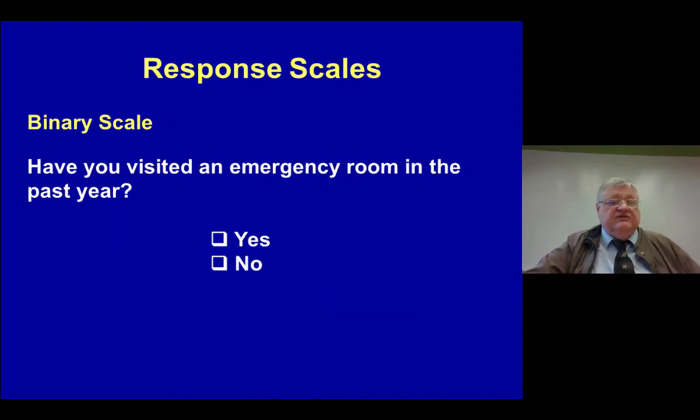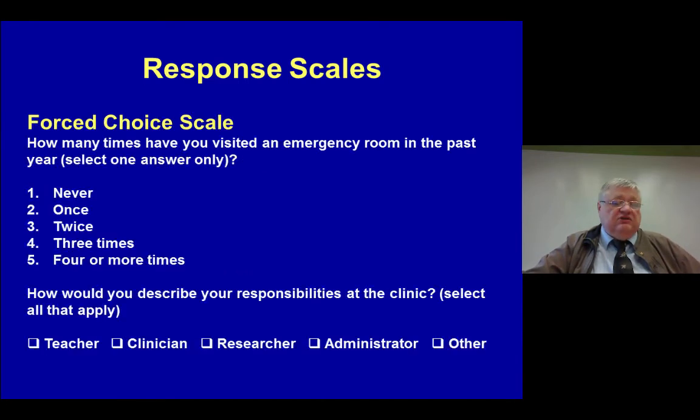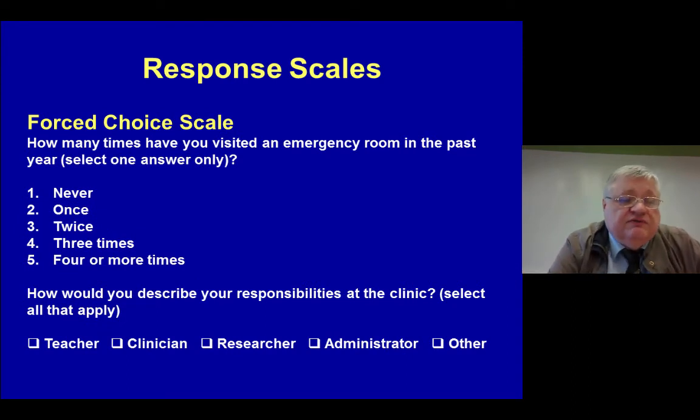Now, your response scales can be binary in nature. So, that's the yes, no, or are you male, female, etc. Your response scales can be forced choice scales. So the first one there, going 1 to 5, you're forcing them to a single type of answer that they can give. Other questions can have multiple forced choice.